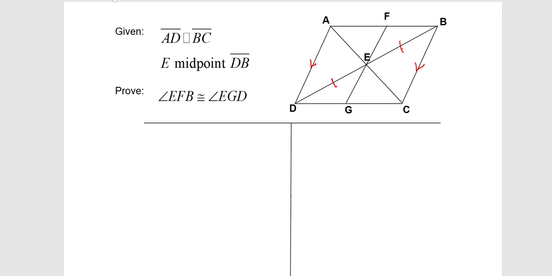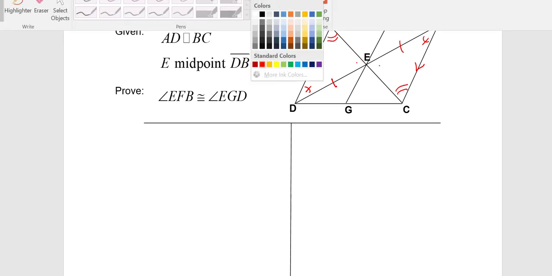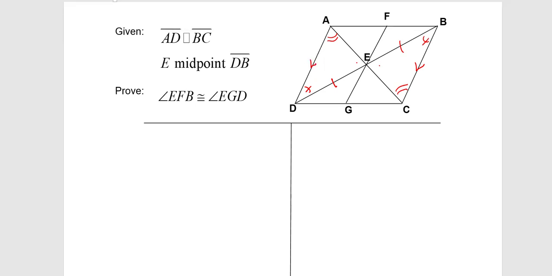And because of the parallel lines, I got a bunch of congruent angles, like this angle is congruent to this one, alternate interior angles. I know that this one is congruent to this one, and there are also alternate interior angles. I also have vertical angles here and here. So that'll tell me that I have congruent triangles there, but ultimately I'm trying to prove that EFB, that this angle right here is congruent to this angle right here.